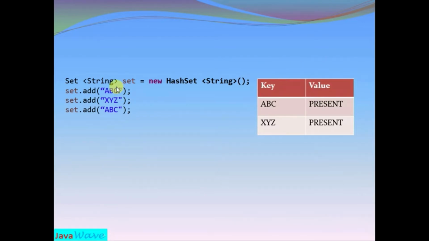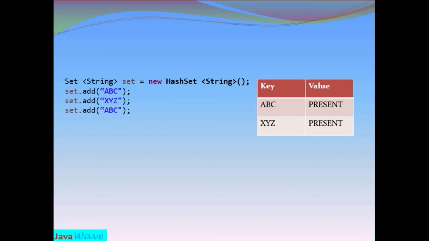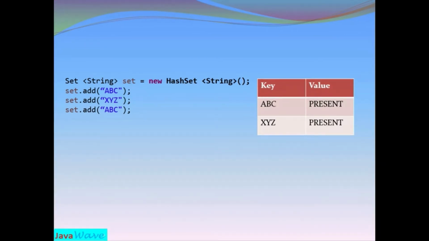It will first find the hash code of these values, and on the basis of that it will calculate the index to store that value, and the value which is added inside the set will be stored as the key. Here duplicate values will not be stored, so it fulfills the requirement of a set. And in place of the value it will store a constant, PRESENT.